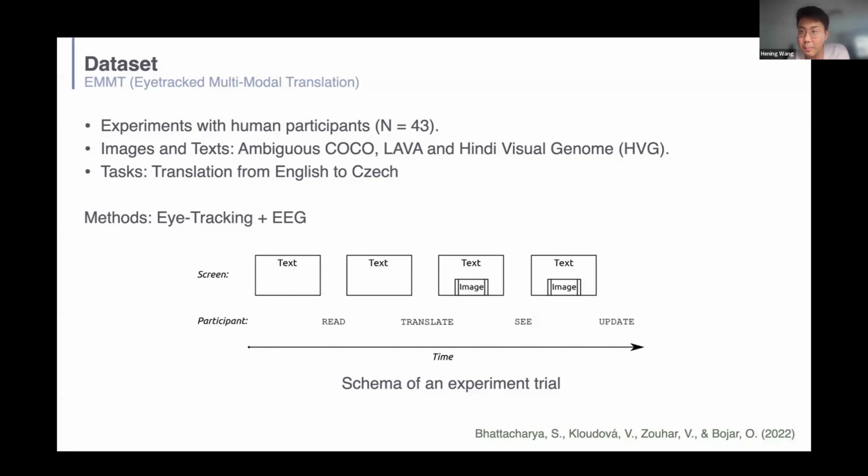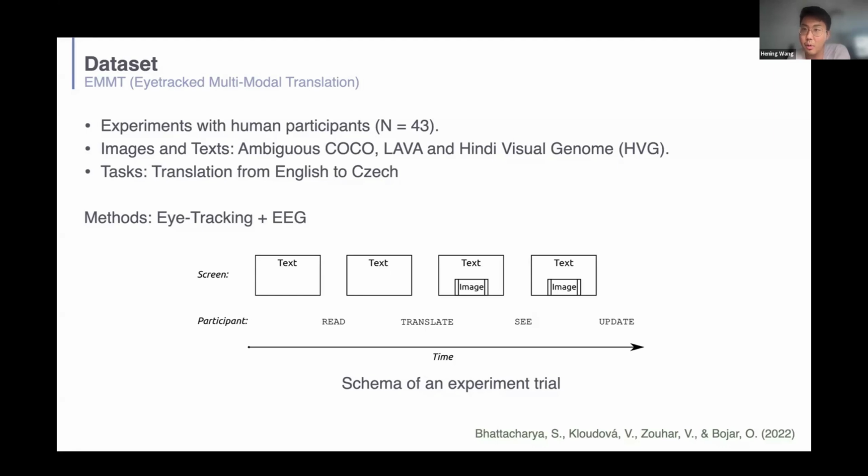Below, you will find a brief scheme of our experiment trials. The experiment trials have four sub steps. The participants are expected to read a text first and then provide their first translation of that text.